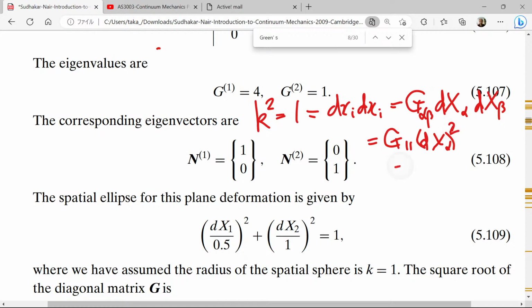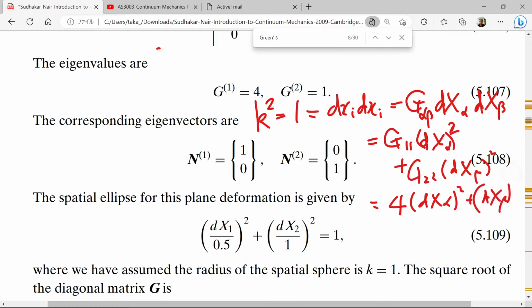Another entry you have is G22. So excuse me, that means G dX beta square. That is 4 dX alpha square plus dX beta square.